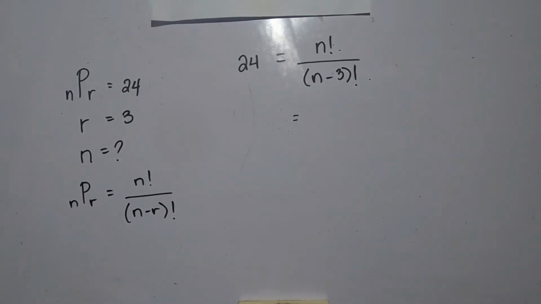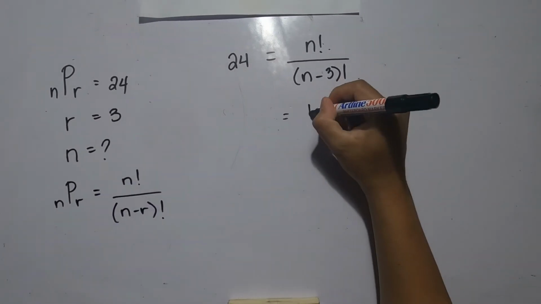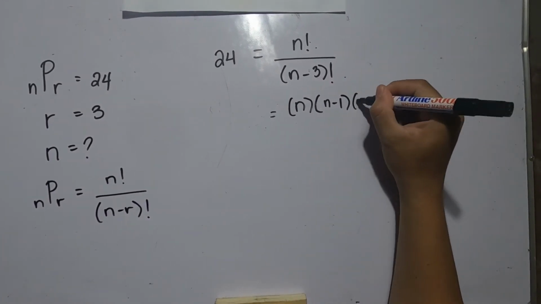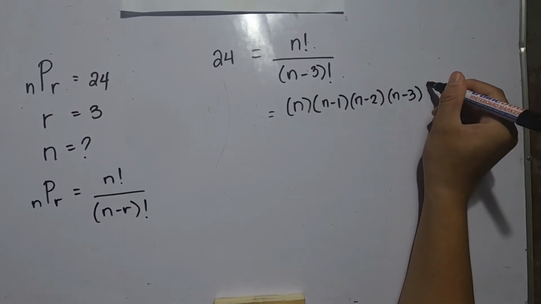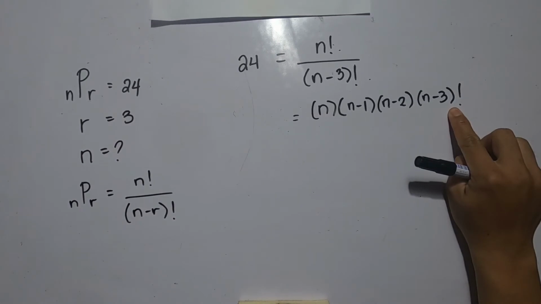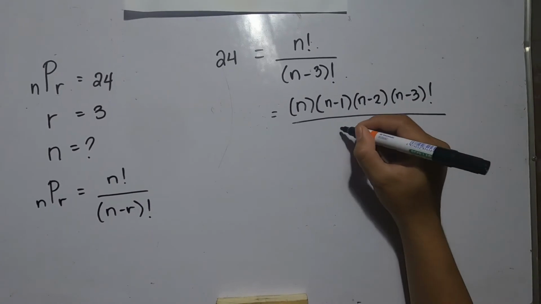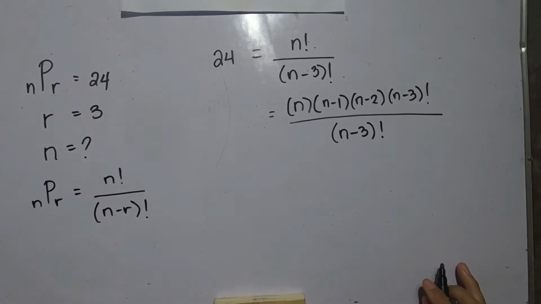So following that definition, we can express n factorial as the product of n, n minus 1, n minus 2, and n minus 3 factorial. I stop expressing the product at n minus 3 factorial because it will be cancelled out eventually because of the divisor n minus 3 factorial.